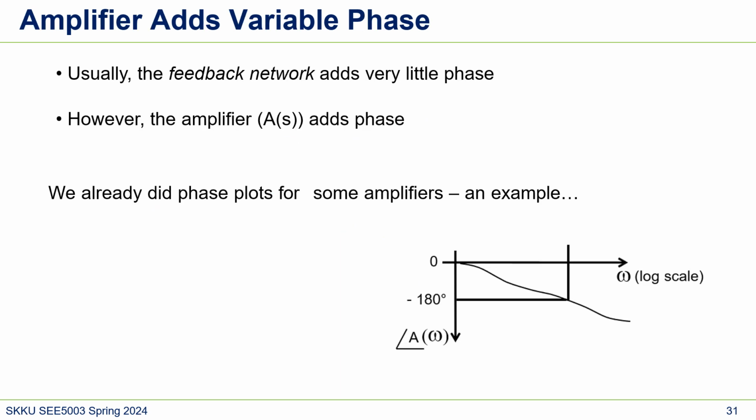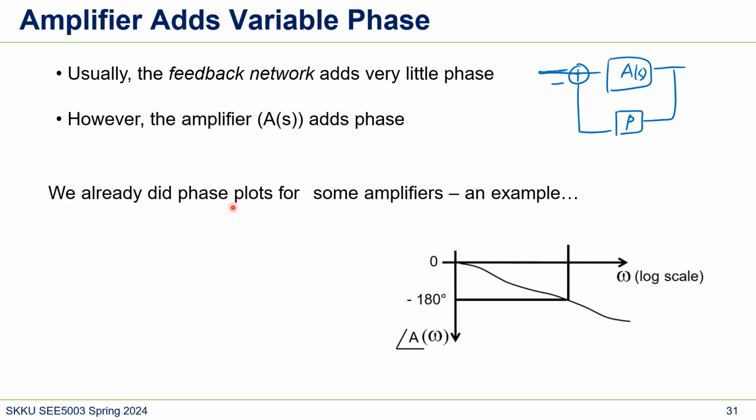And speaking of phase, here A, this amplifier, usually the amplifier adds phase. The feedback network adds very little phase because this can be a resistor network or something.